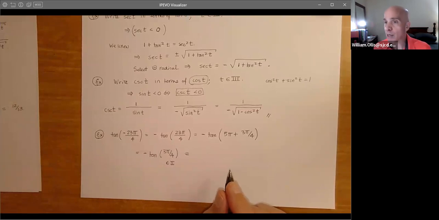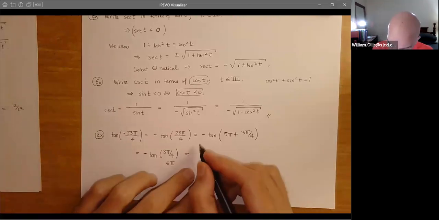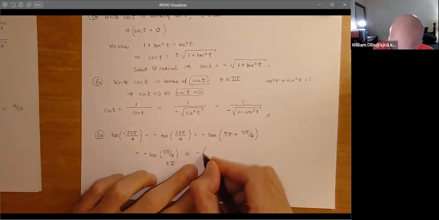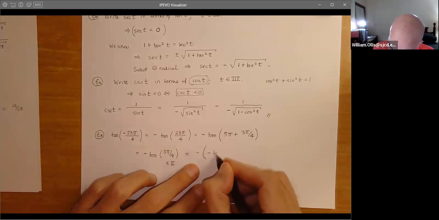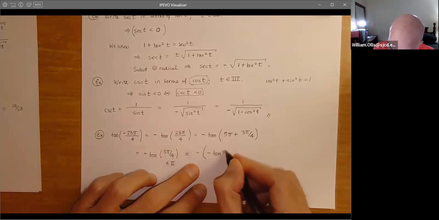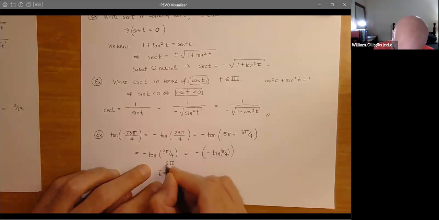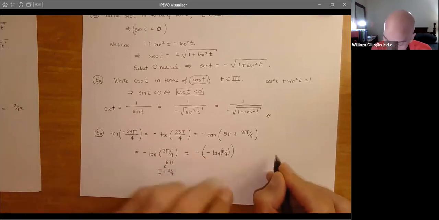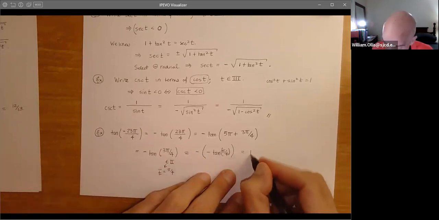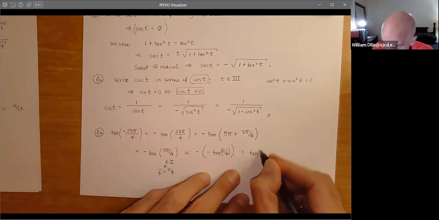Y over x, sine over cosine, and it's negative. So if we use the reference number, we have to attach a negative. So this will be the negative of tangent of pi over 4, because here we see t bar is pi over 4. So now we have the negative negative, which is the positive. So we have tangent of pi over 4.